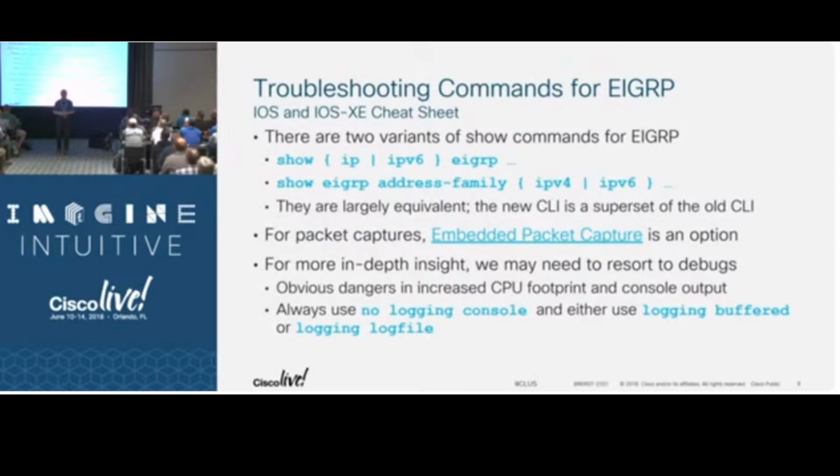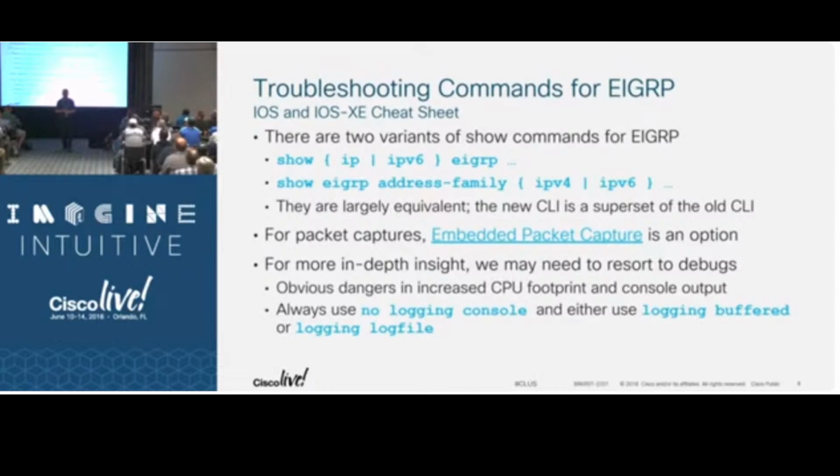Regarding the embedded packet capture, it's a tool that allows you to store the packets that your router is receiving and sending into a memory buffer and then dump them into a file to be analyzed offline using Wireshark. Useful tool. And if you need to do debugs on iOS and iOS XE platforms, you know just as well as I do, these are powerful things.